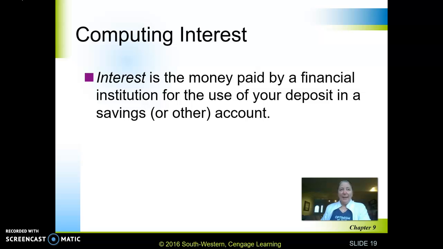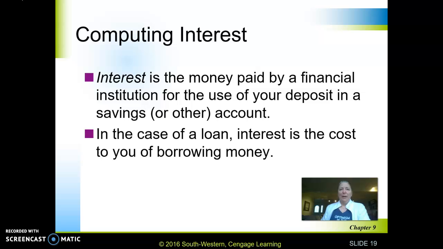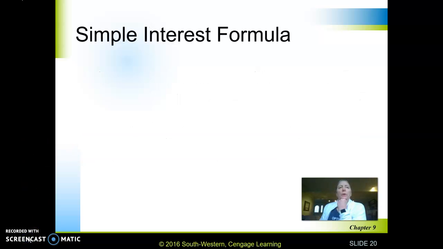On the other side of that, though, I could have a loan. And in the case of a loan, interest is the cost that I'm paying to borrow money. So I'm now using the bank's money, so I have to pay them a fee, and that fee is called interest. So one method is using simple interest.